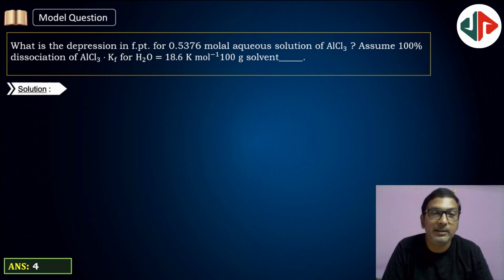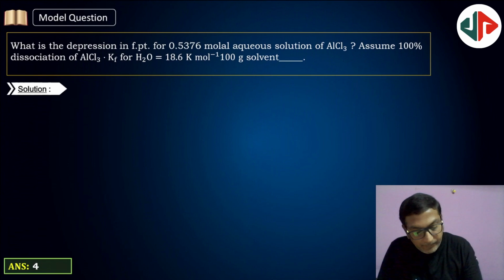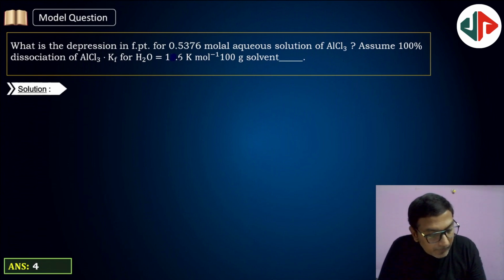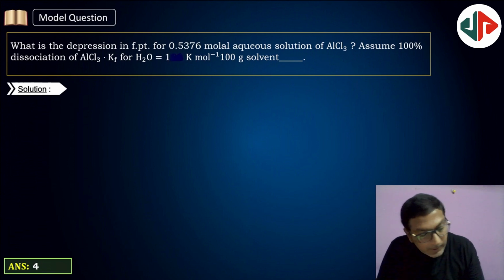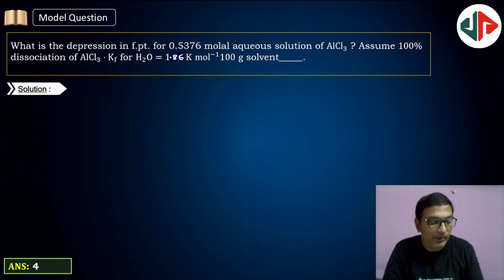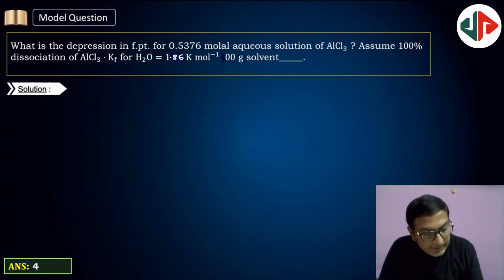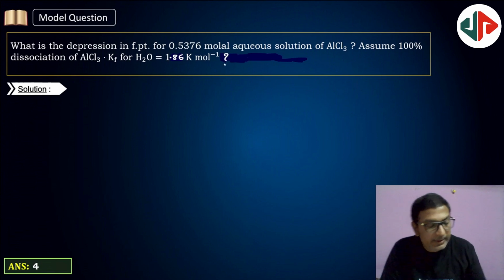Assume 100% dissociation of AlCl3. Kf is given as 1.86 Kelvin kg per mole.